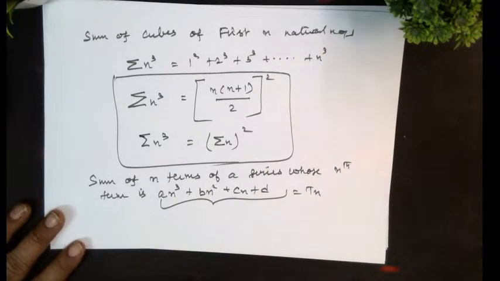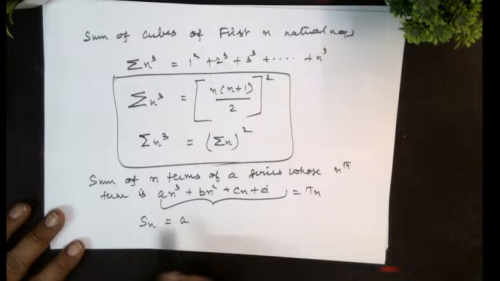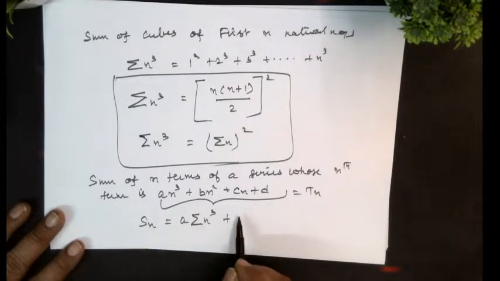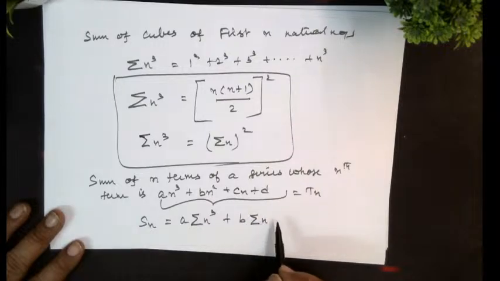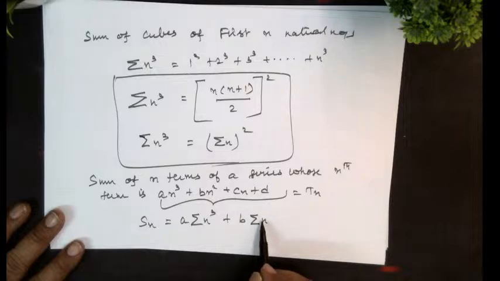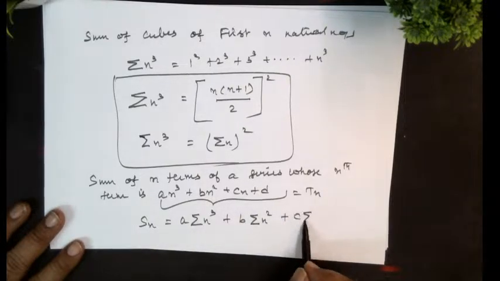So in that case, the sum is represented by Sn. So it is A of sigma n cube plus B of sigma n squared plus C of sigma n plus Dn.